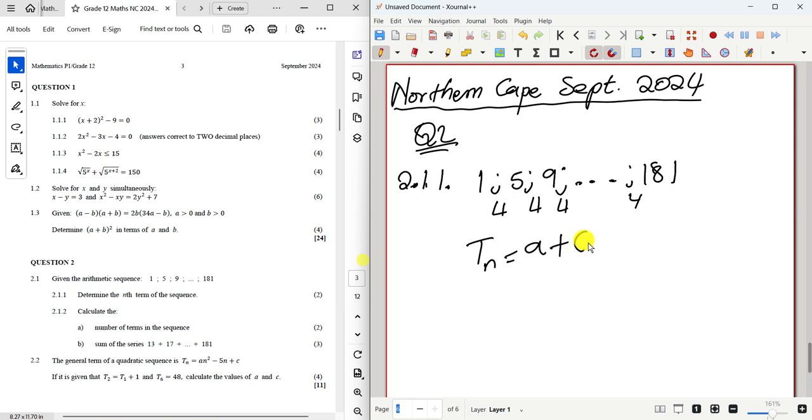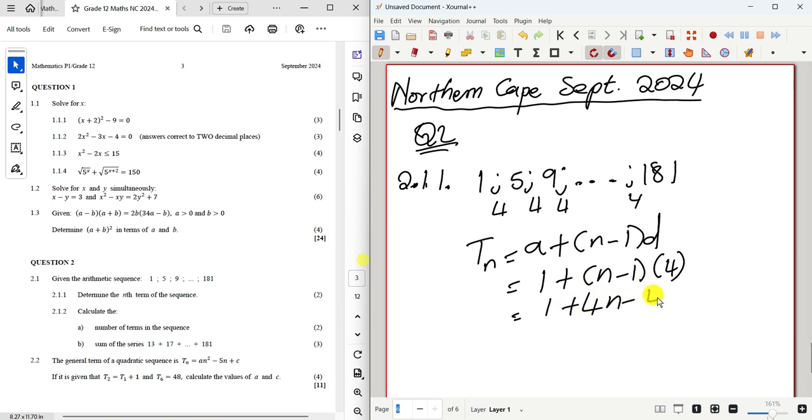General term is a plus (n minus 1) times d. What is a? a is 1. d is 4. So this becomes 1 plus 4n minus 4, and in conclusion, it is 4n minus 3.